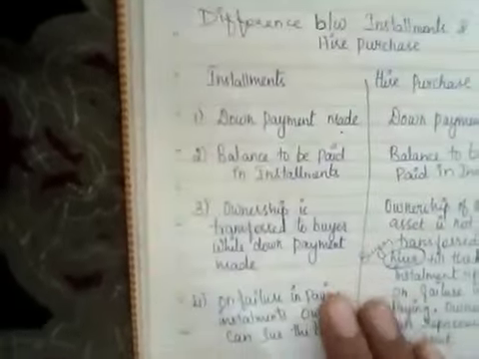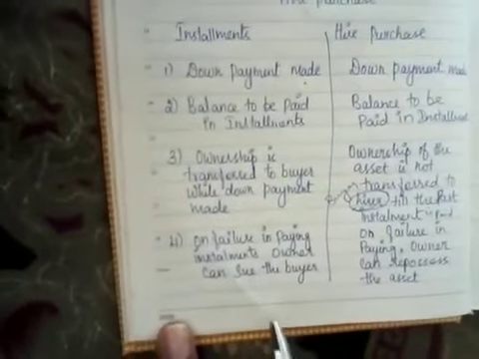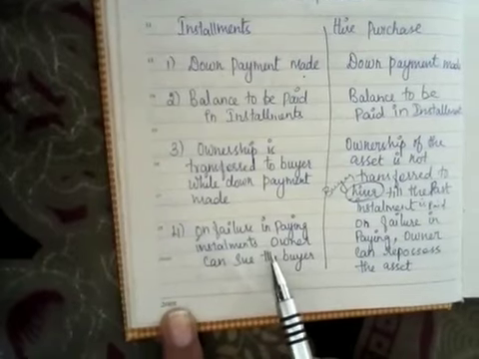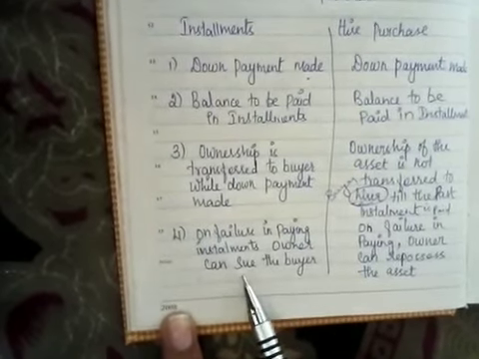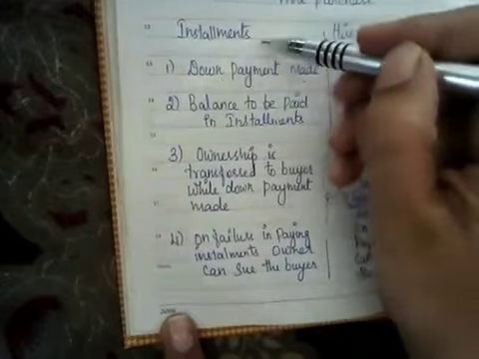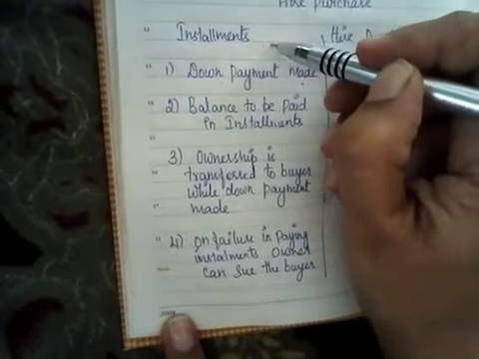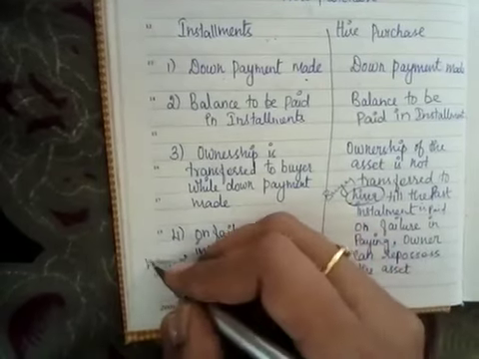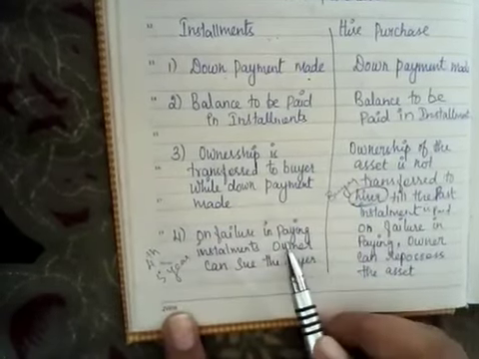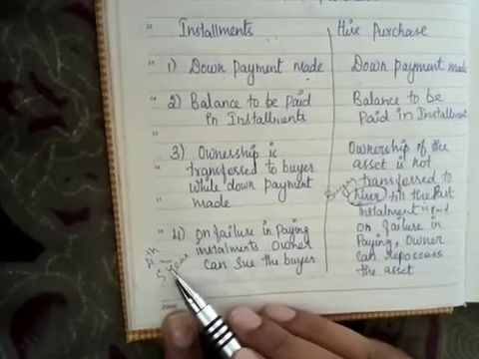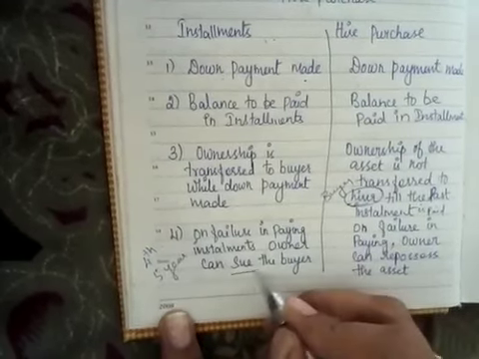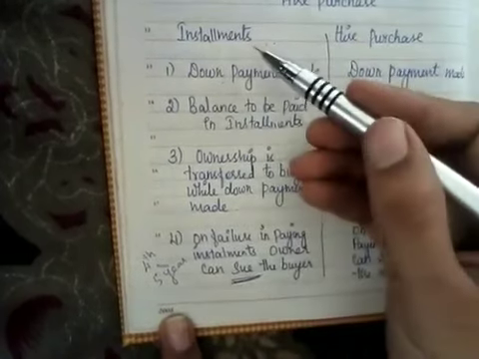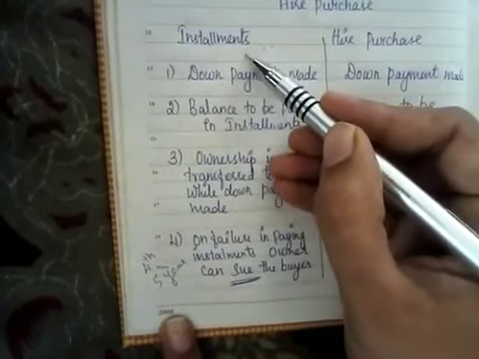Not only this, there is another difference. On failure in paying an installment, the owner can sue the buyer in the case of the installment system. For example, with the same example, we have 5 years of installments. If during the 4th year the buyer is unable to pay the installment, the vendor can sue the buyer regarding the purchase of the car under the installment system.